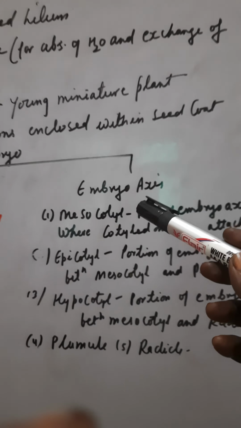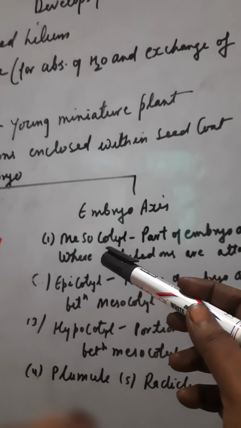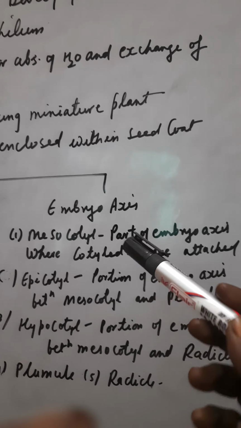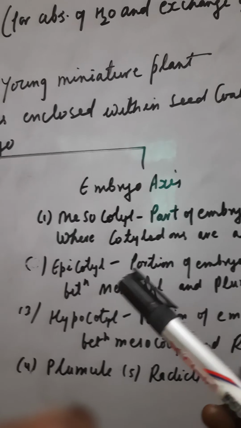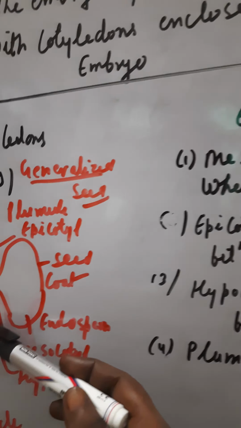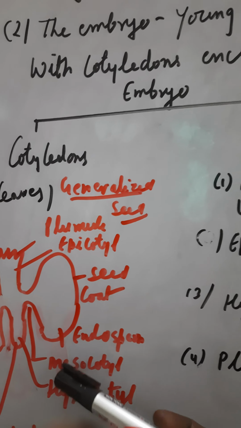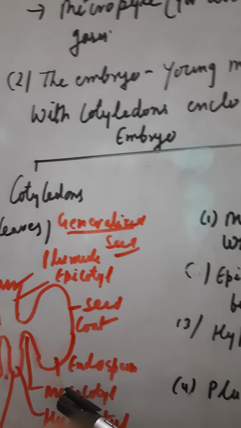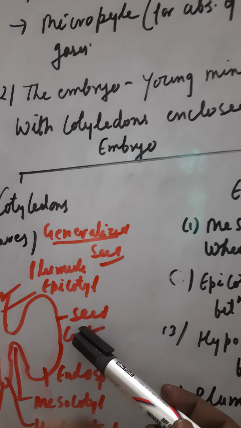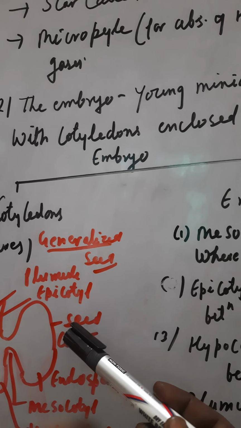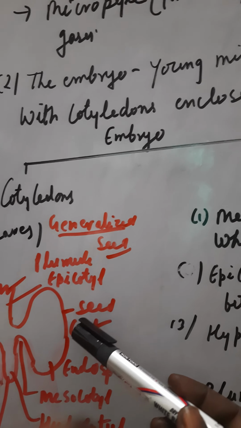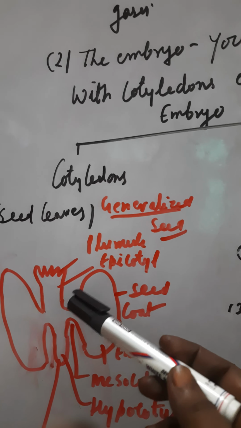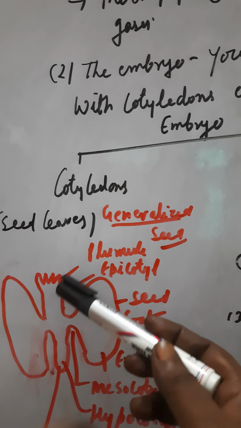Now the embryo axis. Mesocotyl is the part of the embryo axis where the cotyledons are attached. Epicotyl is the portion of the embryo axis between the mesocotyl and the plumule.